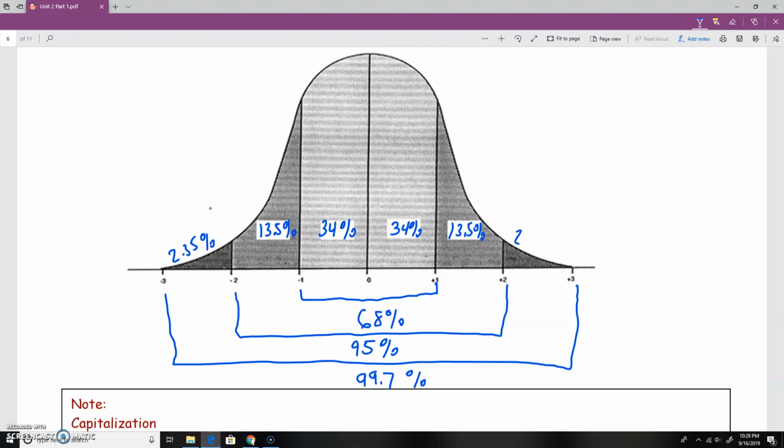And this region over here is also going to contain 2.35%. Now, what does that leave us? Well, outside of this 3 standard deviation, in this direction there's a 0.15%, and in this direction there's a 0.15%. Okay? Now, how are we going to use this?